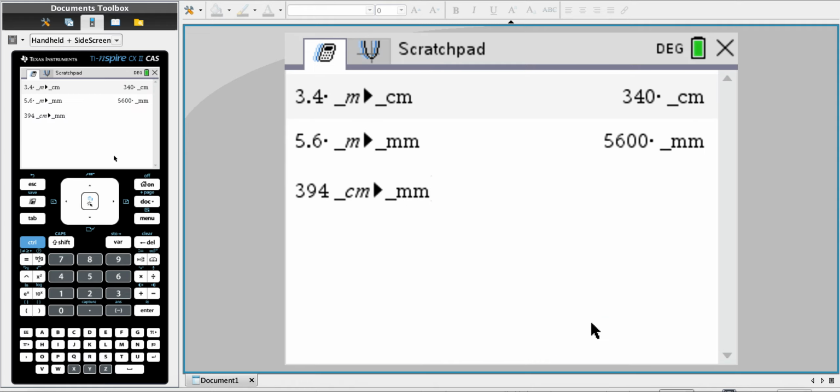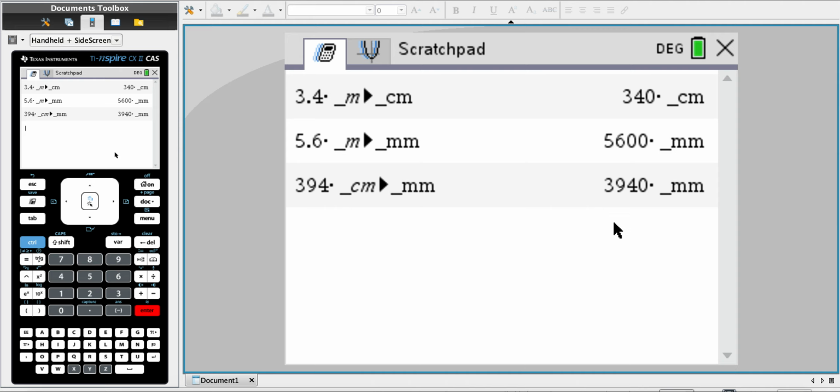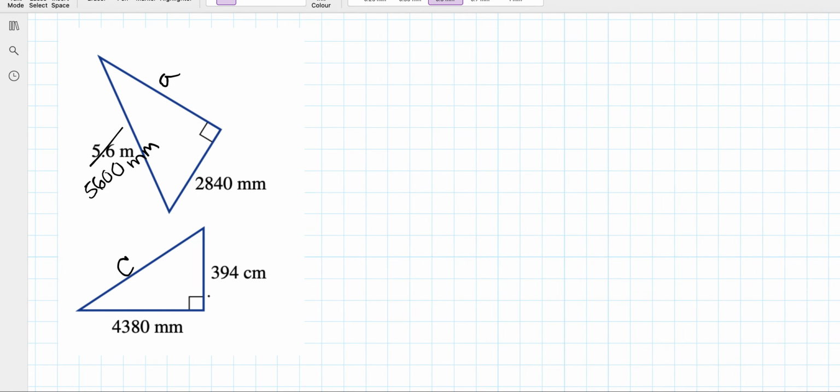I press OK, enter. 3,940. So I just have to cross this one over, 3,940 millimeters. And then you can use the ones that you have decided to find your hypotenuse. Wonderful, girls. I hope you find this useful.